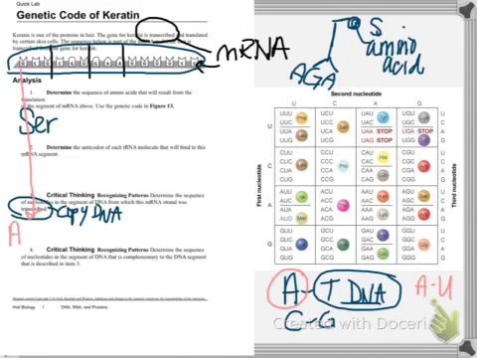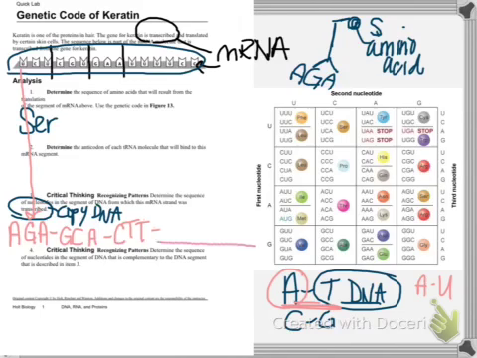C goes with G. U goes with A. And I continue on. C goes with G. C. A. G goes with C. A goes with, now that we're talking about our DNA, it's not uracil, it is T. And I'll continue that on.